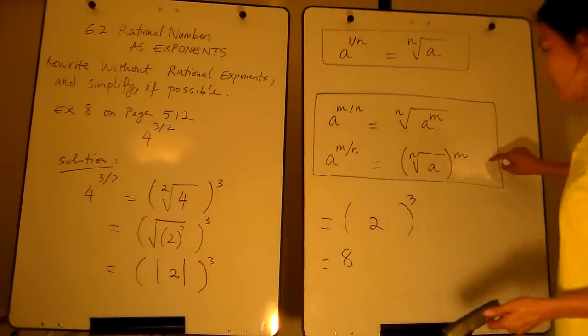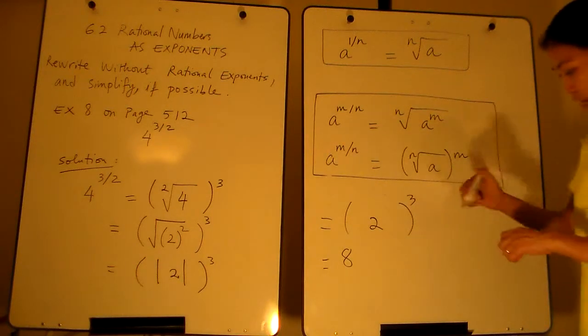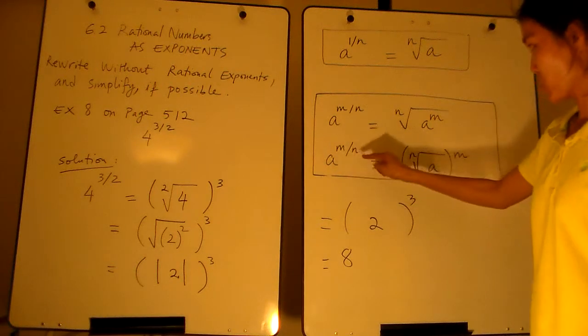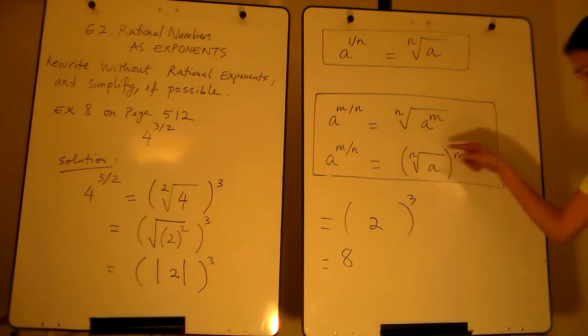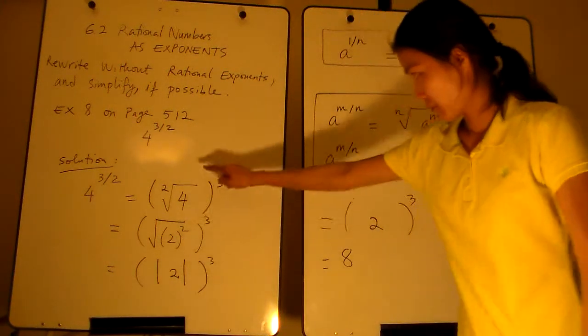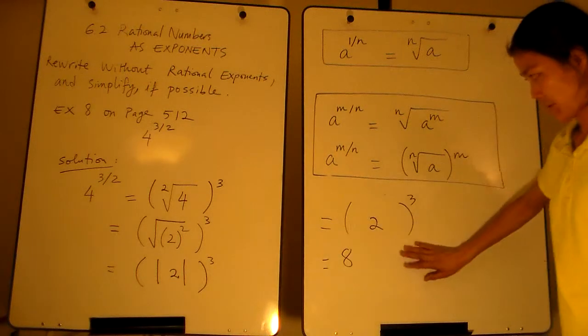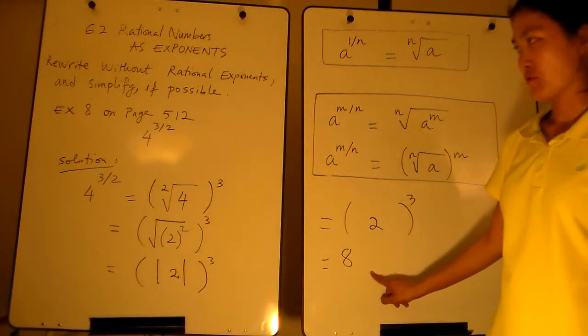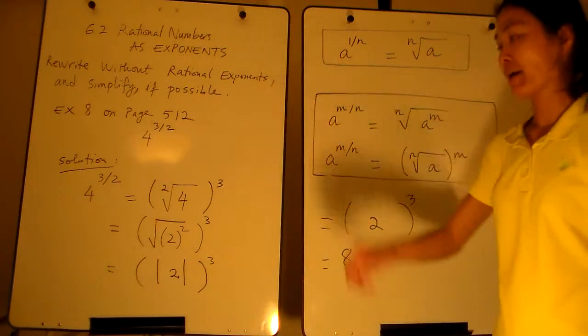Using this second formula, we converted the expression with the rational exponent to this form, then we simplified going down this way, and we get the answer 8. So 8 is the answer for example 8 on page 512.